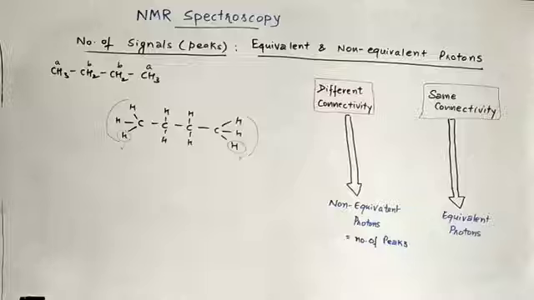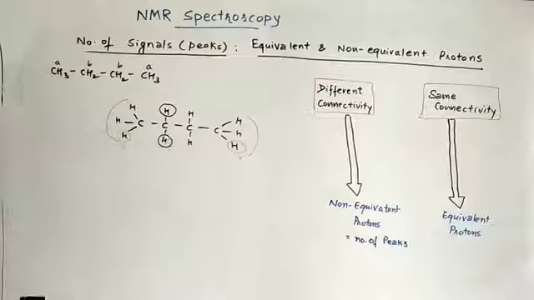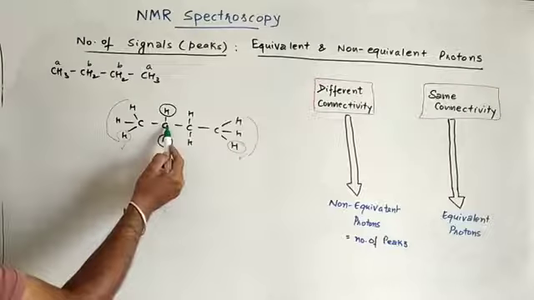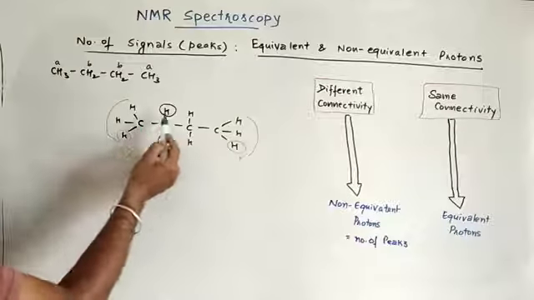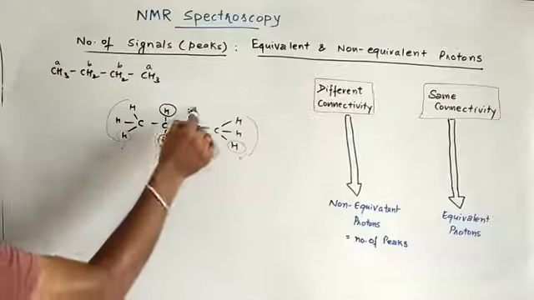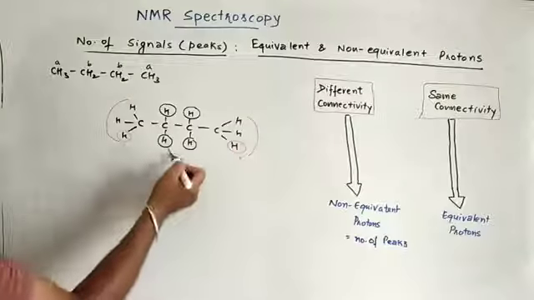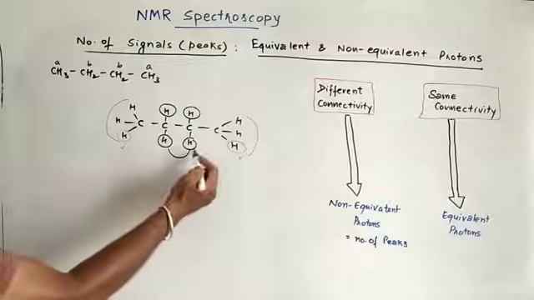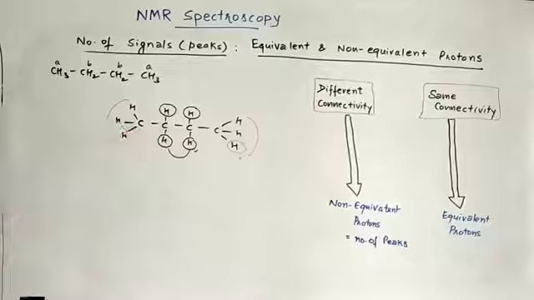Now compare these. This proton and this proton, they are equivalent. You can see this proton is connected to carbon this side and carbon this side. This is also the same environment. These protons are also equivalent. You can compare these, they are also equivalent. You can see this proton is connected to carbon, this side methyl, this side ethyl.